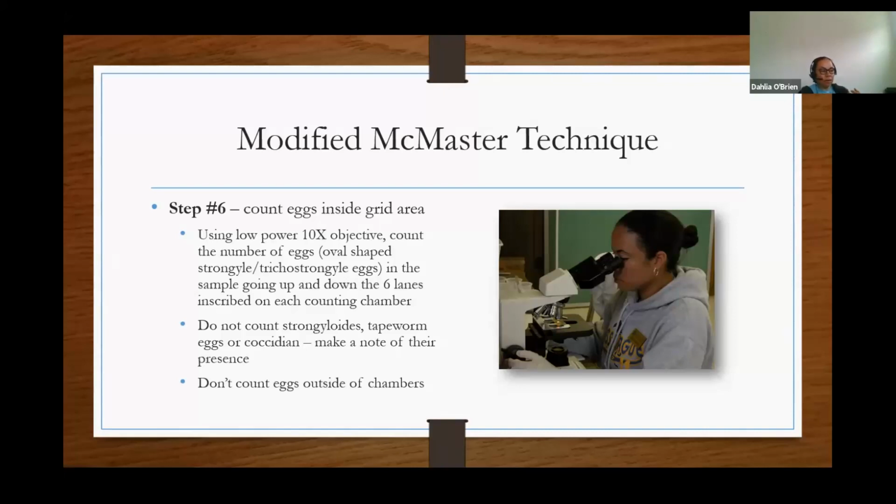And you're not going to count, as I mentioned before, any eggs that are outside of the chambers. The reason why you're not going to count any tapeworm or coccidia, or whipworm or threadworm, that we're going to see when we look at the diagram with parasites of ruminants, is because it's very unusual to see clinical problems when it comes to these worms.